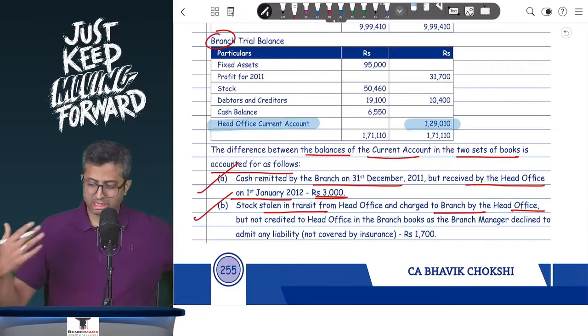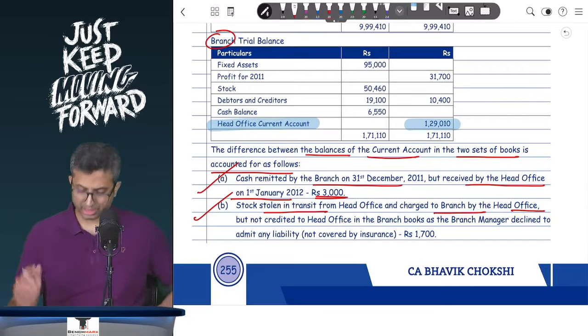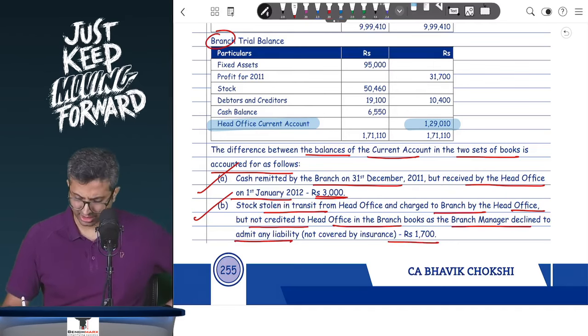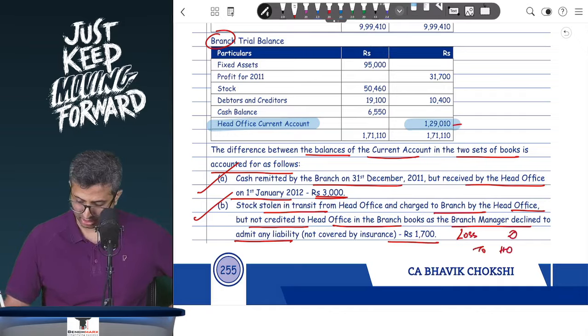Stock stolen in transit from HO and charged to branch by the head office. So the head office has already recorded it against the branch, but it is not credited to the head office in the branch books, as the branch manager declined to admit any liability. But if I have to reconcile in the books of the branch, I will say HO account will be credited. So this is loss by theft account debit to the HO account. So over here this is minus 1700, and maybe there is a loss. You'll have a separate adjustment for that.